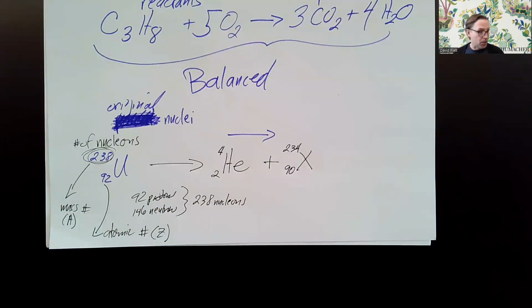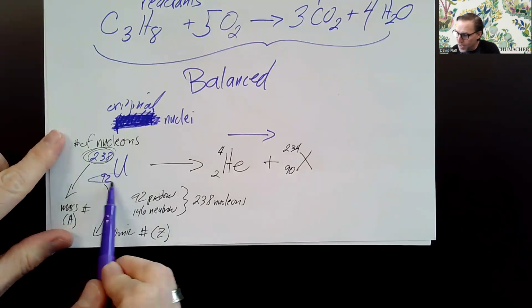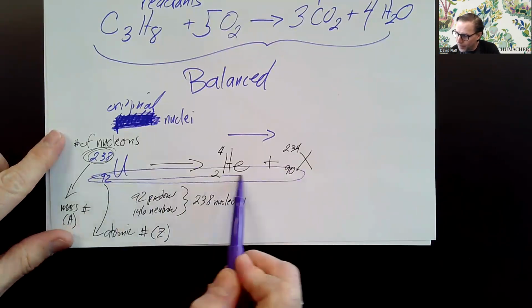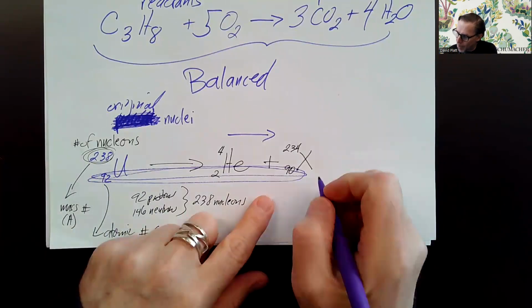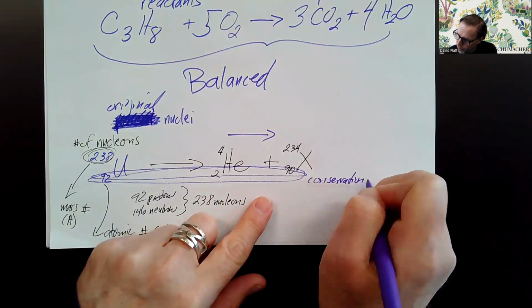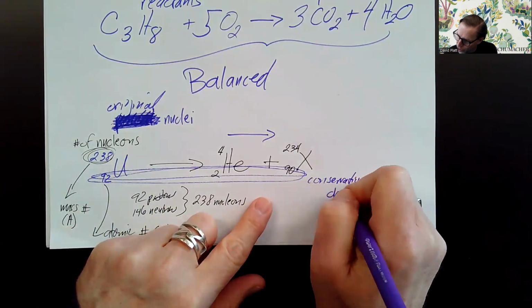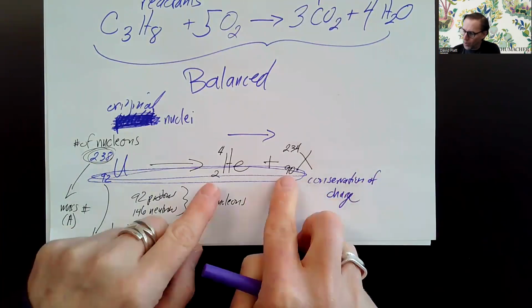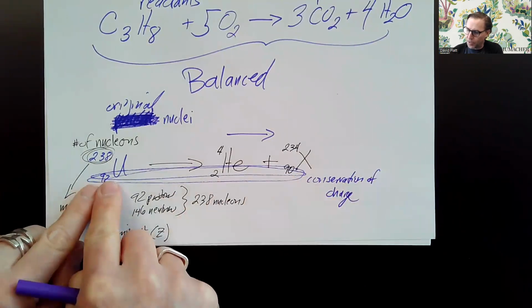And so what I do is I draw these, they're kind of like circles, but they're not. They're long and wide. I draw this, I circle here. This is my conservation of charge. All these numbers on the right have to add up to the numbers on the left.